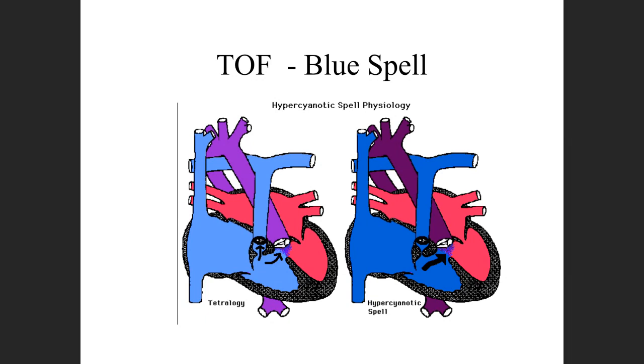And in some instances, if there's a severe blue spell which is prolonged, then the patient might lose consciousness because of cerebral hypoxia, or they may have a seizure, or in some instances they may get damage to the brain, and in some instances they perish if the hypoxic spell is prolonged. That's a blue spell.